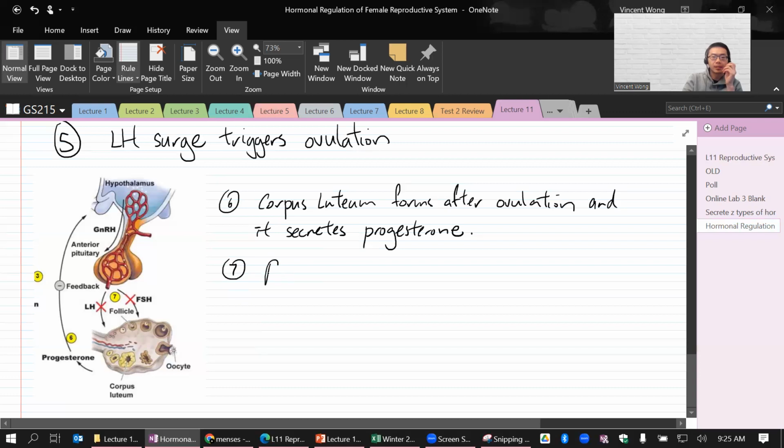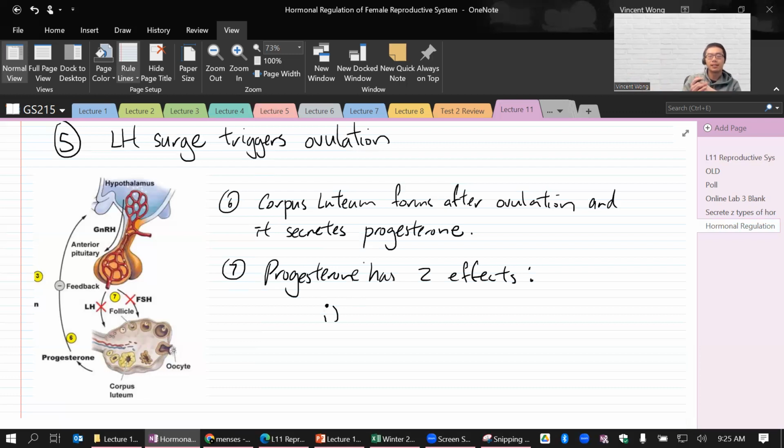Number 7. Progesterone has 2 effects. Now, if you are producing progesterone, that means you already have an egg in the fallopian tube, right?